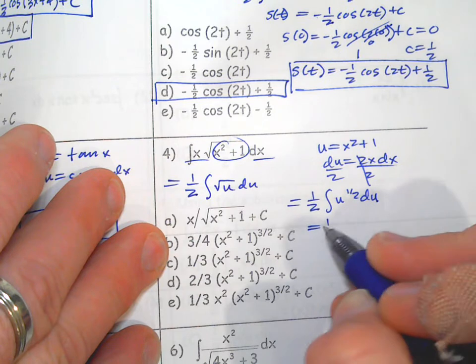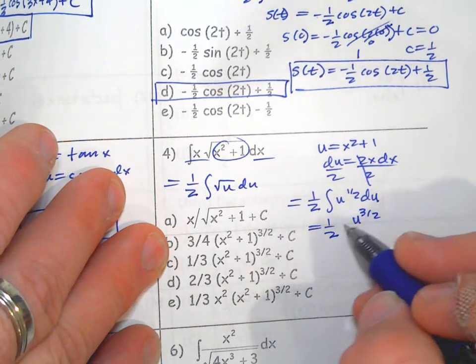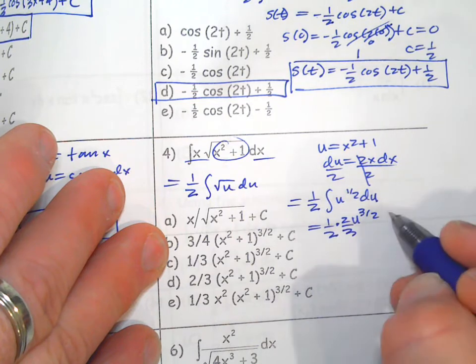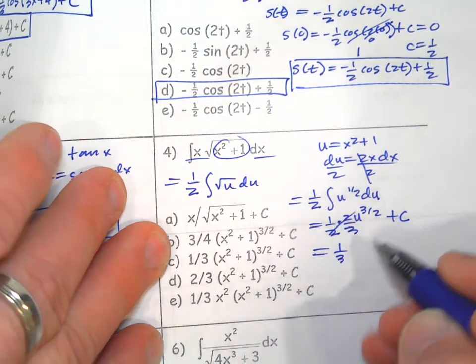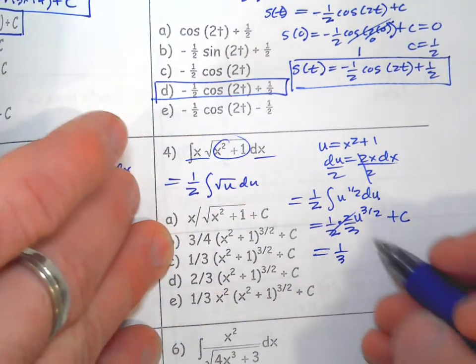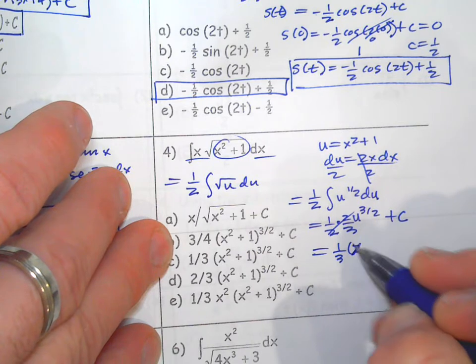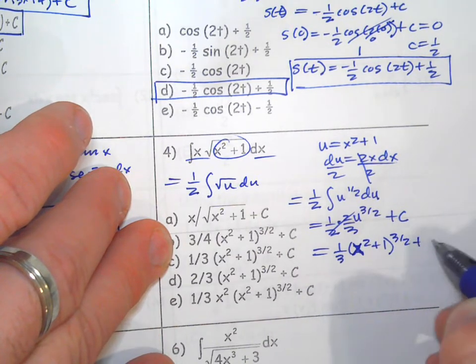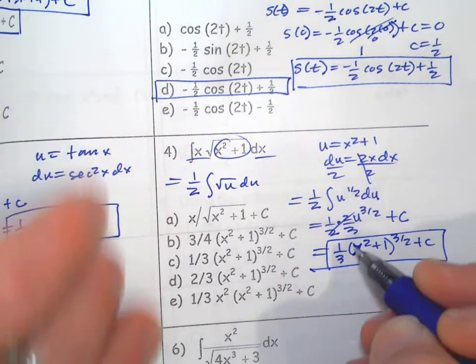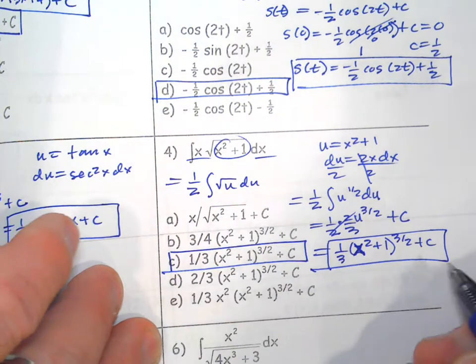So it's going to be 1/2 u to the 3/2 divided by the new exponent multiplied by the reciprocal plus c. Final answer needs to be rewritten back in terms of the original variable. So that's going to be 1/3 x squared plus 1 to the 3 halves plus c. There it is, answer C.